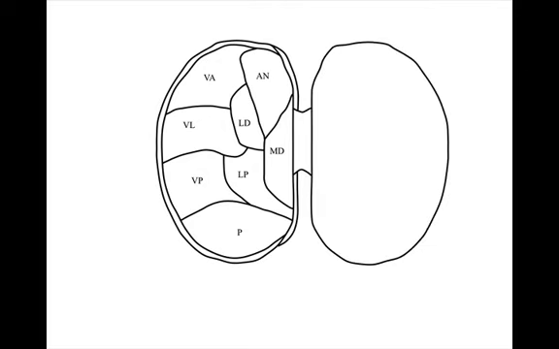Let's just illustrate the subnuclei of the left thalamus and add 2 additional subnuclei not illustrated so far. They're present in both the left and the right thalamic nuclei, but to simplify the diagram, I've just illustrated them on the right. These are the lateral geniculate nucleus, or LGN, and the medial geniculate nucleus.